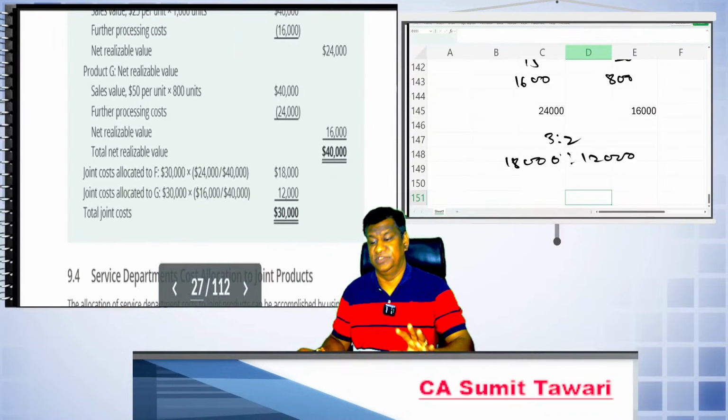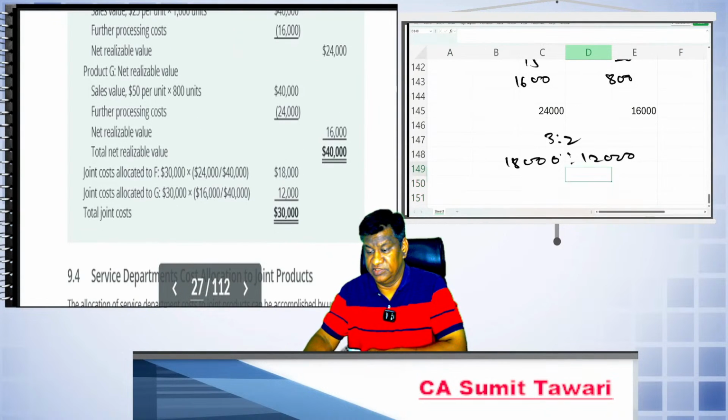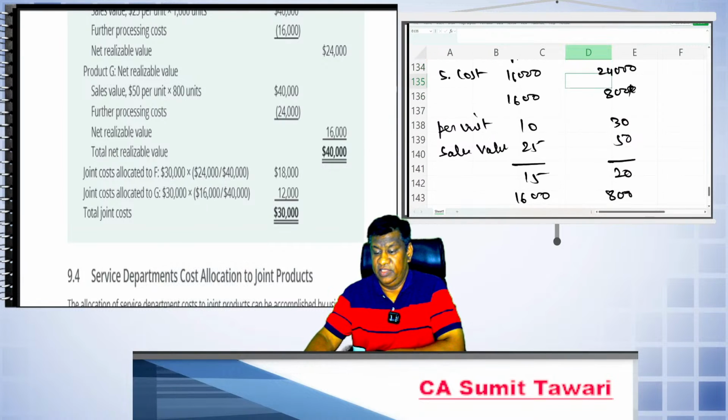Are you able to understand? See what I did here. The sale value is given as 25 and 50. The per unit separable cost is 10 and 30, which I calculated. It is given 16,000 and 24,000 for a quantity production of 1600 and 800.